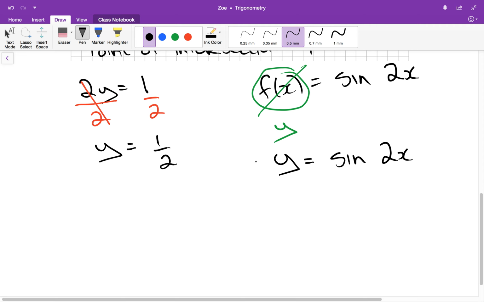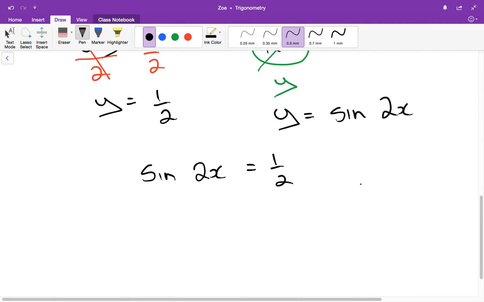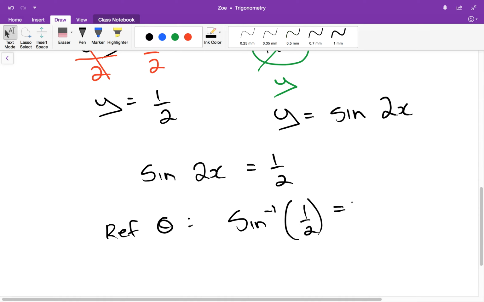So now if y equals a half and y equals sine 2x, we can say that sine 2x equals a half. And this is one of the CAST circle questions. So the first thing you do is you get a reference angle. You do that by doing sine inverse of a half on your calculator. So inverse sine of a half is 30 degrees.